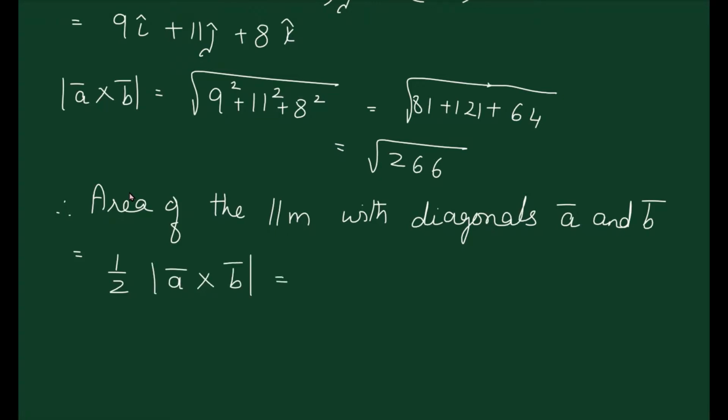When you read the sum in the exam, read it very carefully. Check whether they are asking for vector area or area, because both are slightly different things. In this case, they have asked for area, so we use the mod sign. If they ask for vector area, we do not use the mod sign; we write directly A cross B. So here it is half root of 266 square units.